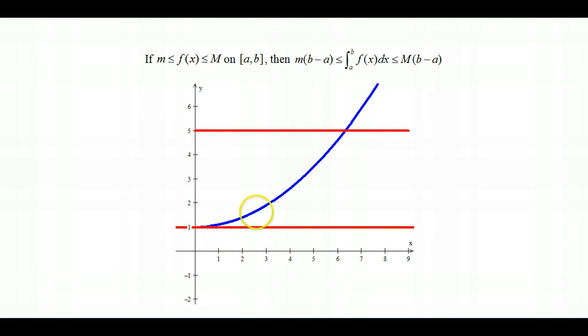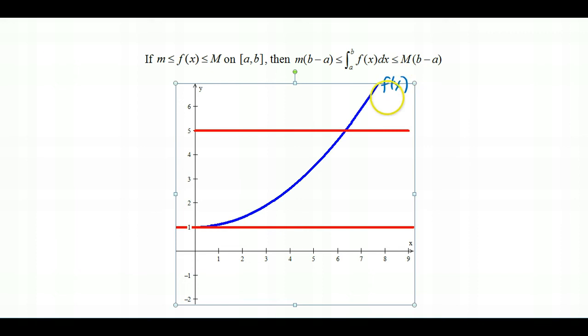So let's imagine this blue function here is my f of x function, and the red line on top is my capital M, and the red line on bottom is my lowercase m. So two constant functions. Now f of x is trapped between these two constant functions on the interval from, let's say, 2 to 4.